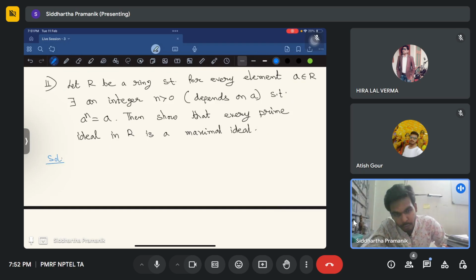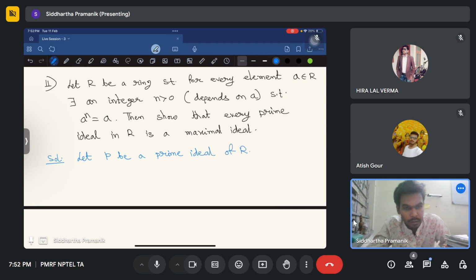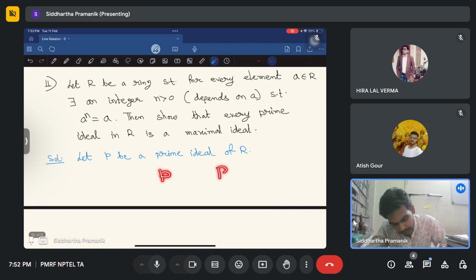So we need to prove every prime ideal is maximal. So let's take an arbitrary prime ideal. So let P be a prime ideal of R. So we need to prove P is a maximal ideal. So we need to prove in between P and R there cannot be any other ideal. Right?